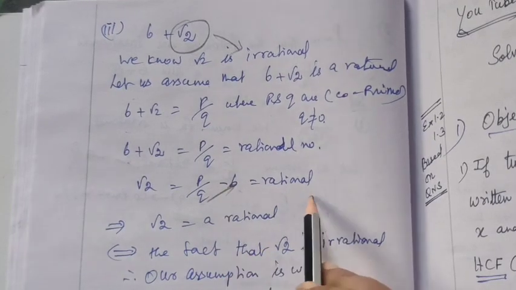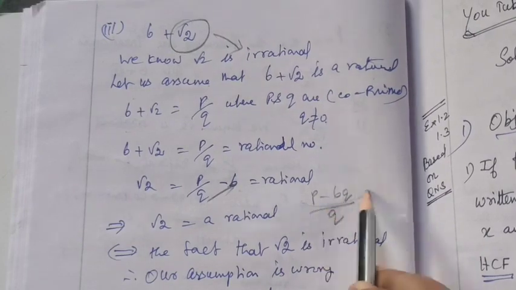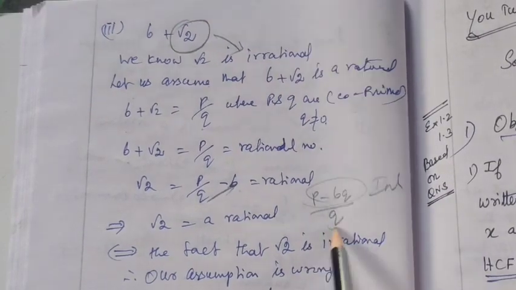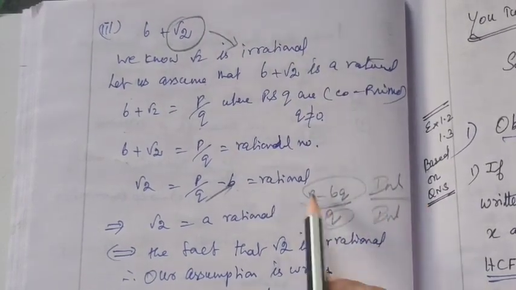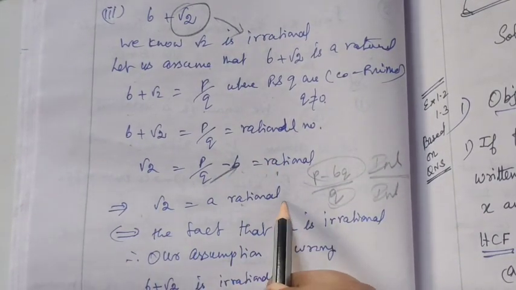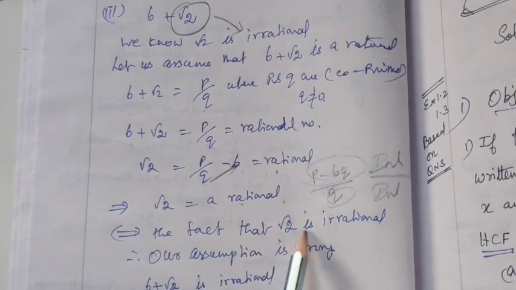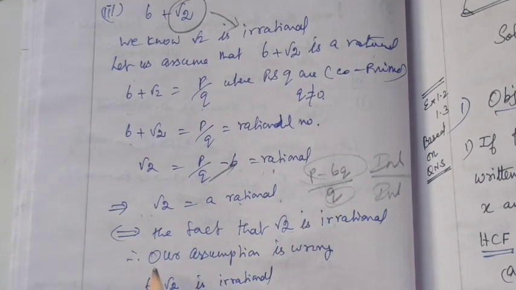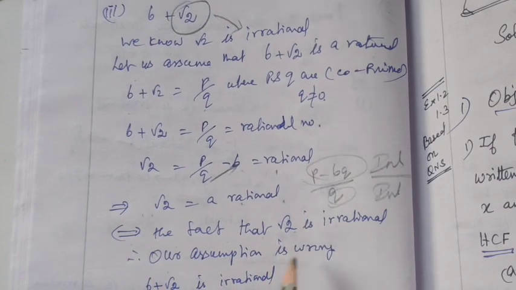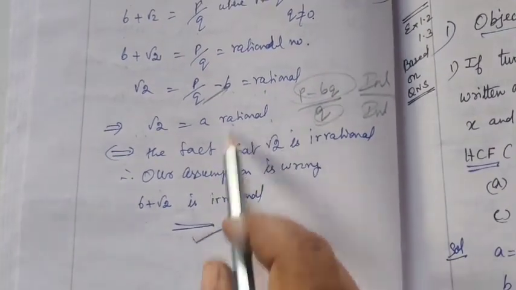So p minus 6q by q, an integer by an integer, implies a rational number. But root 2 equal to a rational number is not possible since root 2 is irrational. So the fact that root 2 is irrational contradicts, and our assumption is wrong. 6 plus root 2 is an irrational number. This is irrational.